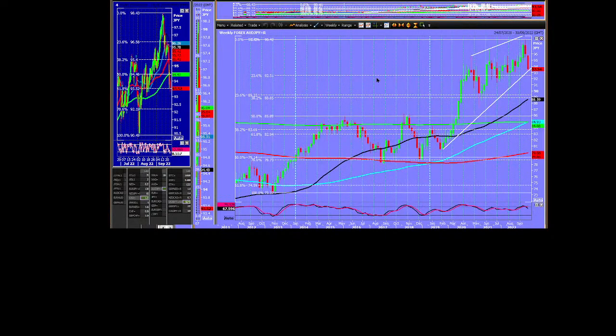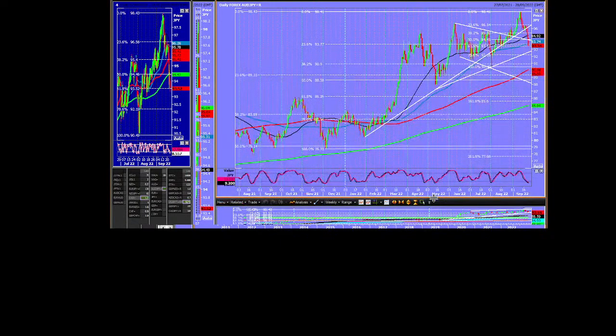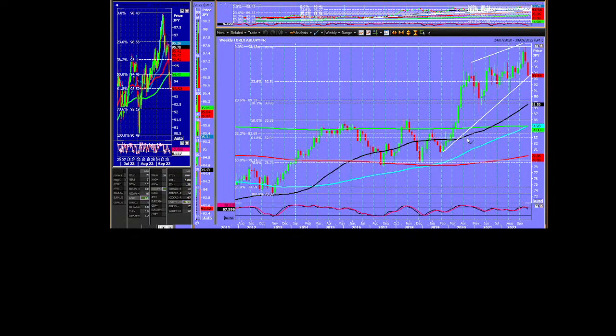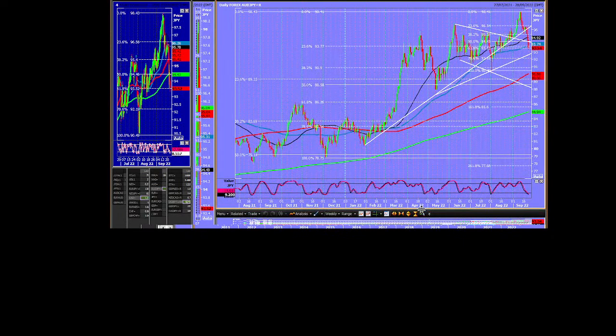No, not really. Oh, well, this trend line here. That's the trend line from the whole of 2022. Why do I not have that on my daily chart? Oh, I see what I've done there.